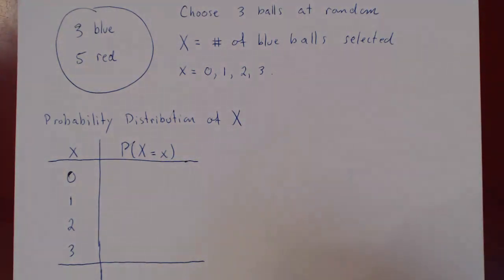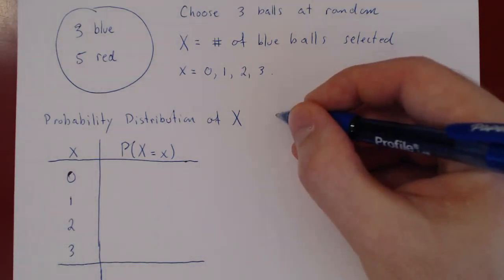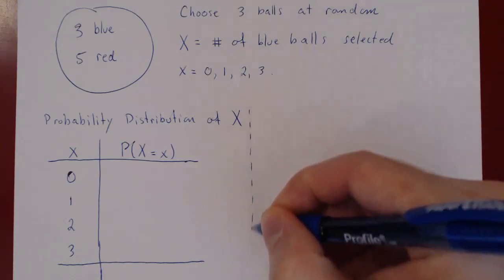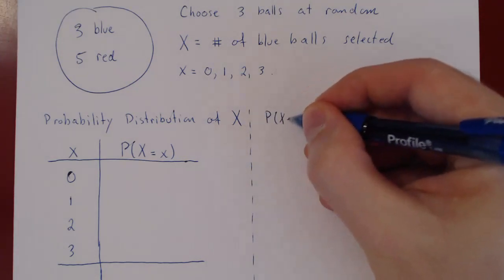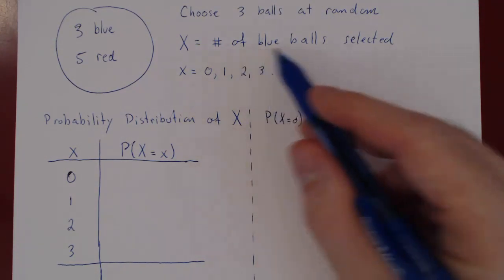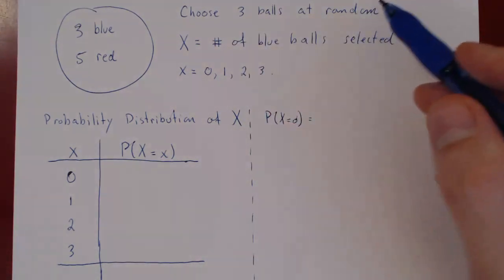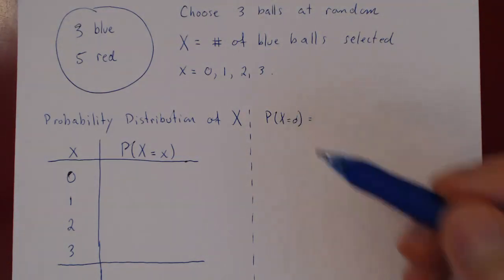Let's do it here on the side. So first, probability that X equals 0. Well, X is the number of blue balls, and we're asking, if we choose 3 balls at random, what is the probability that the number of blue balls is 0?